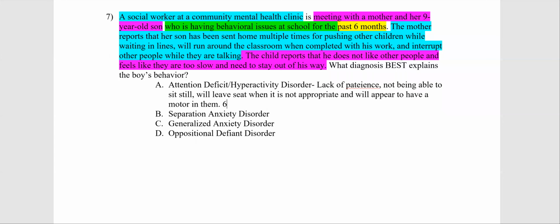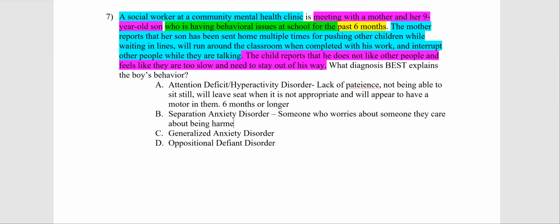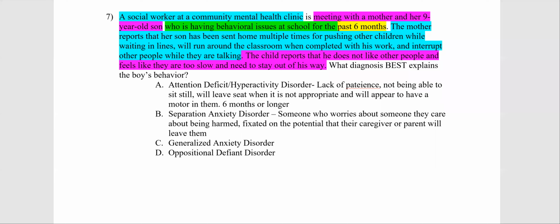And length of time is going to be 6 months or longer. And then separation anxiety disorder, someone who worries about someone they care about being harmed. They are fixated on the potential that their caregiver or parent will leave them.